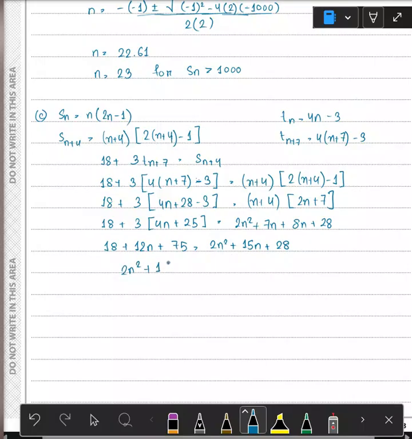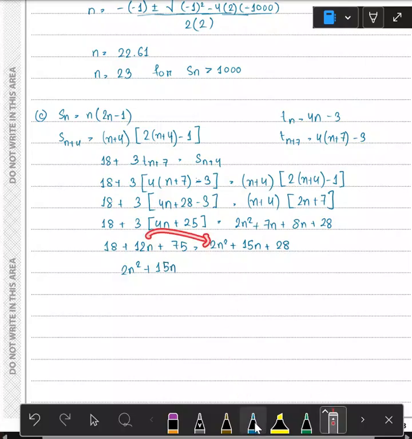Now we have 15n, and now we'll take the 12n to the right hand side, so this becomes negative 12n, plus 28 minus 18 minus 75. Okay, and then if you simplify all this, you will get 2n squared plus 3n minus 65 is equal to 0.